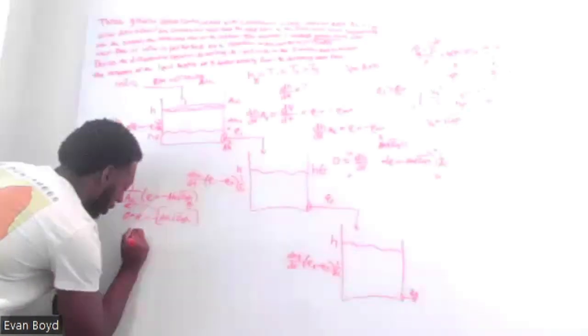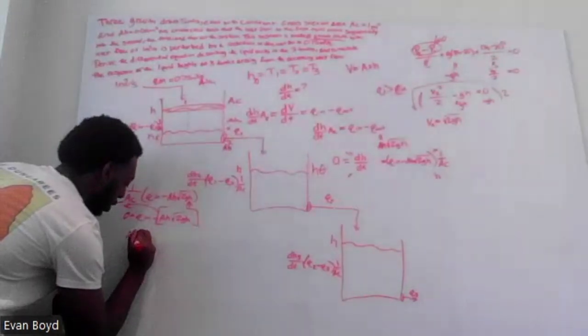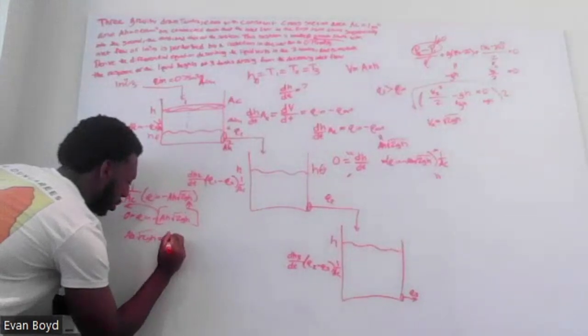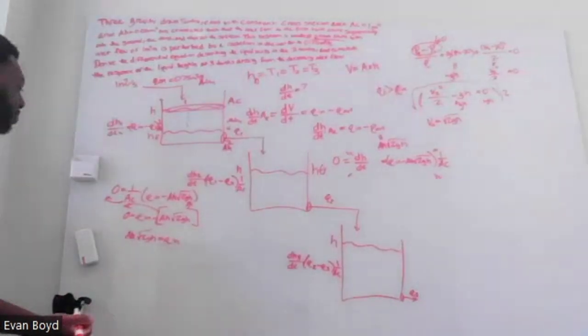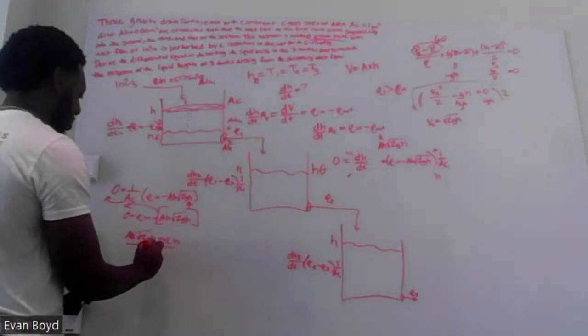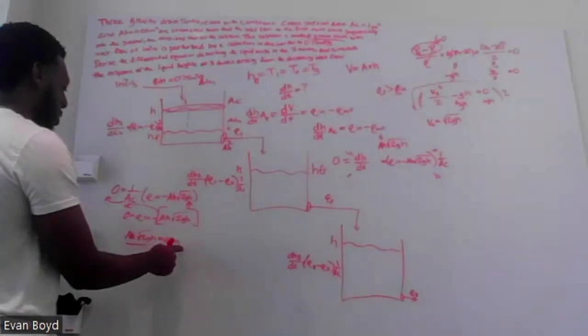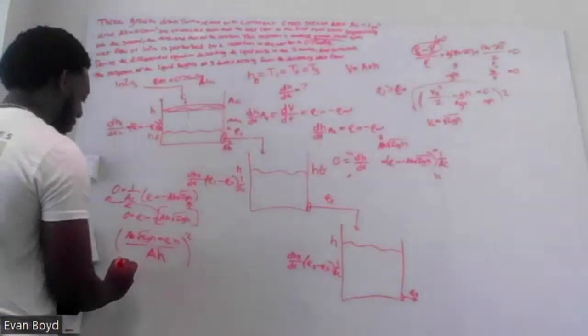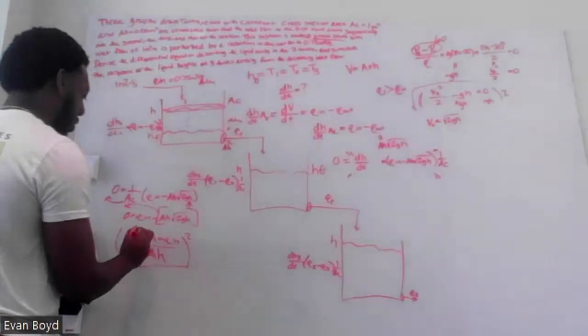You have the area of the hole times the root of 2gh equal to Qn. Okay, and then do more algebra: divide the area of the hole to this side, square root both sides, then divide both sides by the 2 and the g.